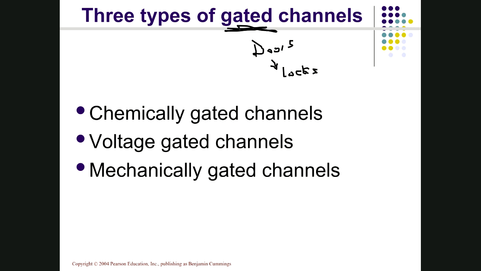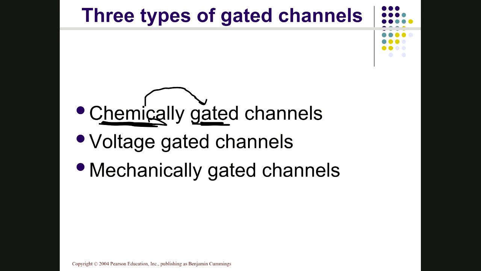These gates have locks on them. And when we think about locks, we also think about keys or some way to open the door. And so they also have these keys. And so we have three types of channels that we're going to talk about today. And one is gated channels that open with a chemical. So in other words, a chemical opens the channel.